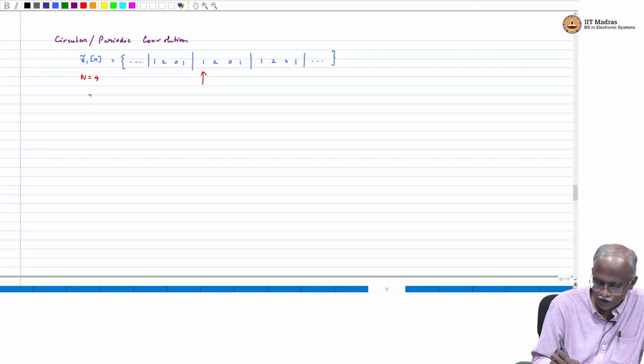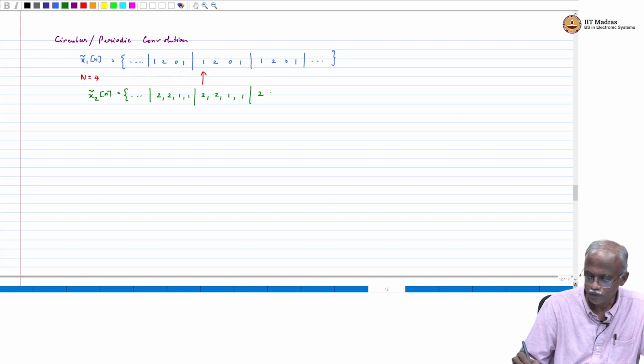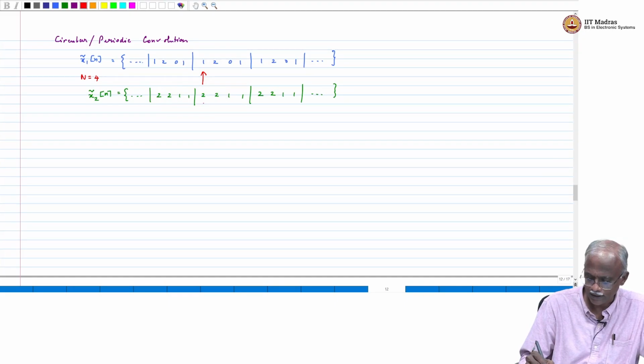Now x2 tilde of n is a sequence 2, 2, 1, 1, 2, 2, 1, 1, 2, 2, 1, 1, and so on, and the origin is right here.